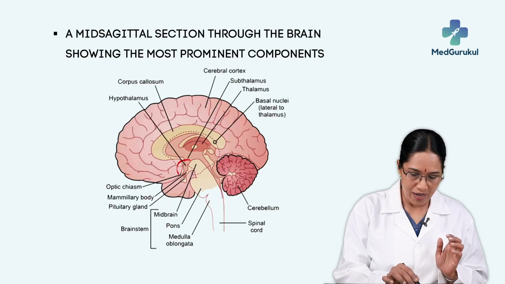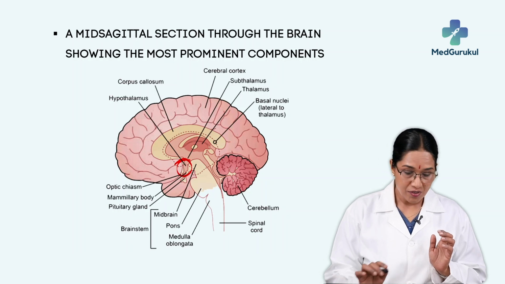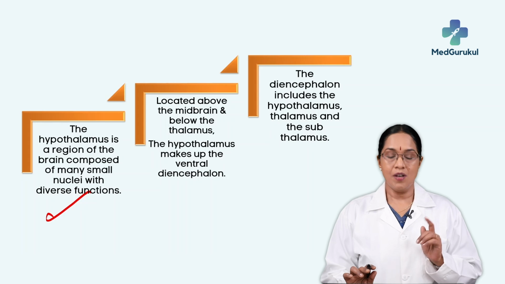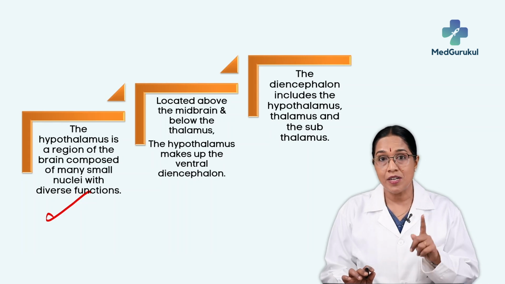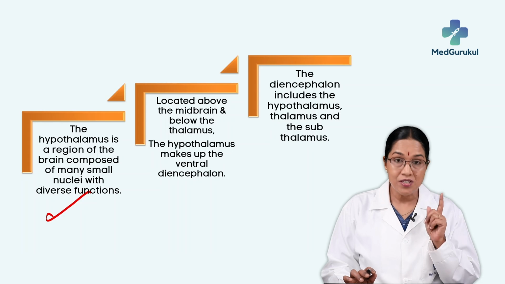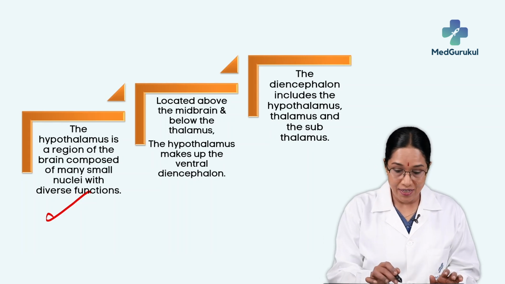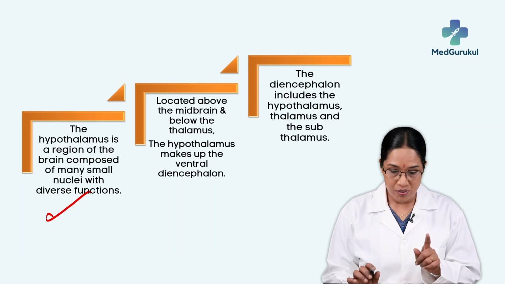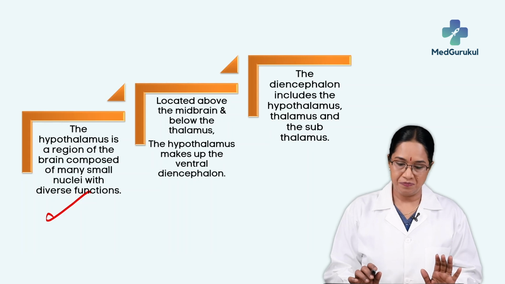You can see the hypothalamus is here, below the thalamus, above the midbrain, and it makes up the ventral diencephalon. And the diencephalon includes not only the hypothalamus, but the hypothalamus, thalamus and the subthalamus.